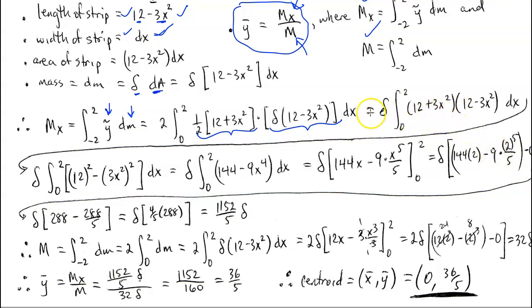So of course here the delta, which is representative of the density, that's a constant, so we just pull it out. And here we have 12 plus 3x squared times 12 minus 3x squared, which we know is just going to be 12 squared minus 3x squared squared. And we end up getting 144 minus 9x raised to the fourth.